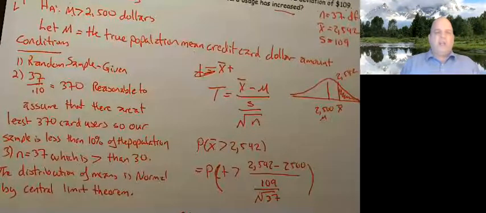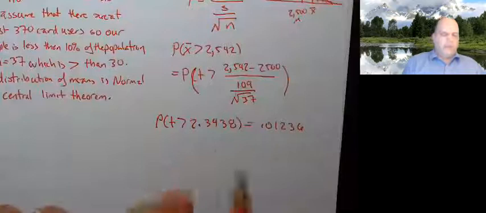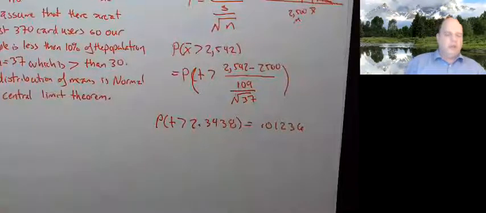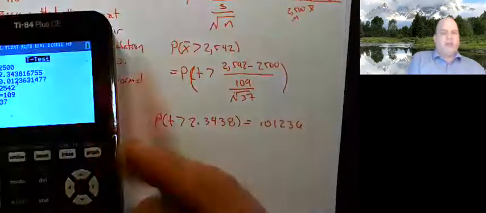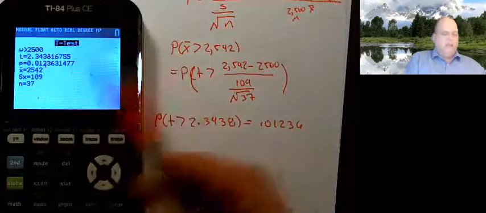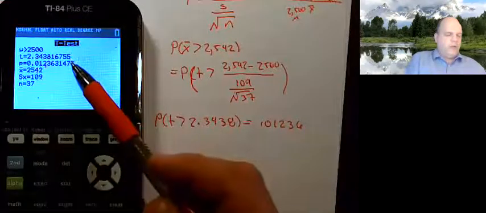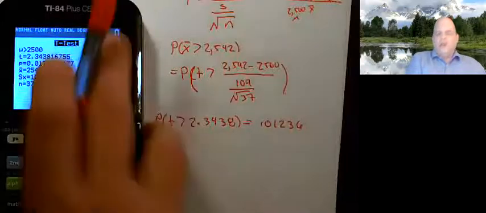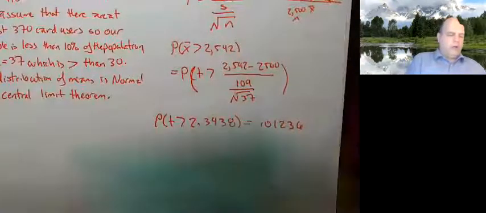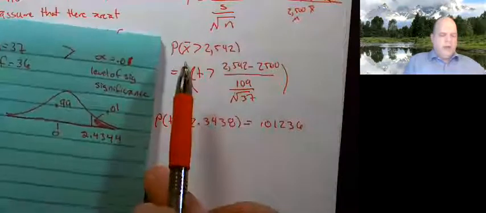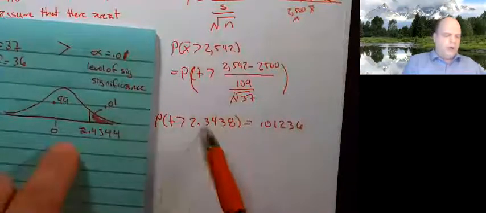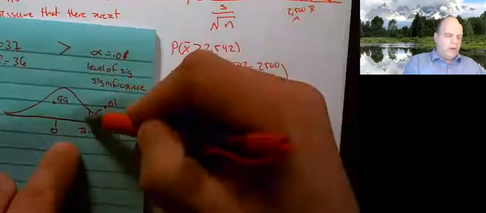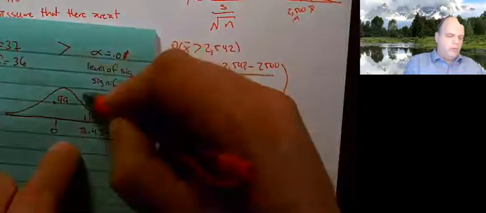So there's my test statistic. And I just read that straight off the calculator. All right. My test statistic of 2.3438, my p-value of 0.01236. So let's go back to our little drawing off to the side. Well, 2.34 is back over here. So this is where 2.34 is.